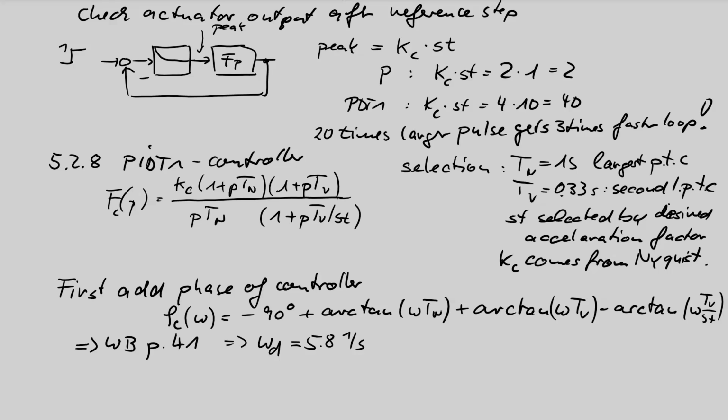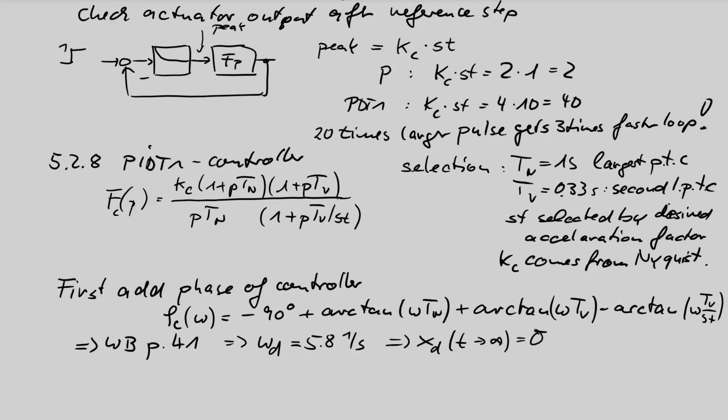Compared with the PD, not so fast, but the control error xd of t goes to 0 for t to infinity in the reference case. That comes from the integrator.